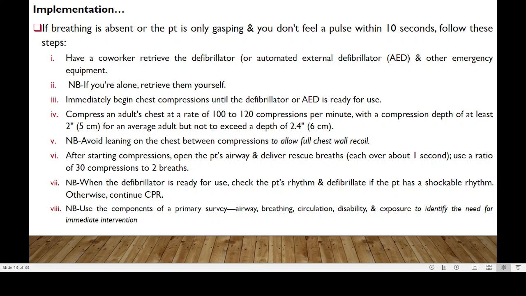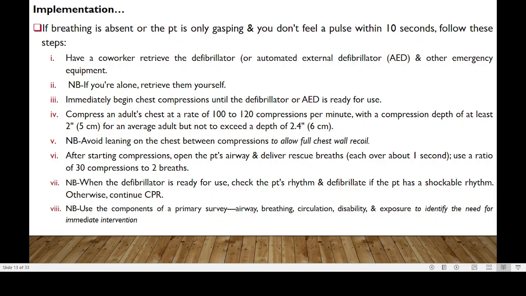You have to compress an adult chest at a rate of 100 to 120 compressions per minute with a compression depth of at least 2 inches. 1 inch is equivalent to 2.5 centimeters for an average adult, but this should not exceed 6 centimeters. Ensure that you avoid leaning on the chest between compressions, and this will allow full chest wall recoil.